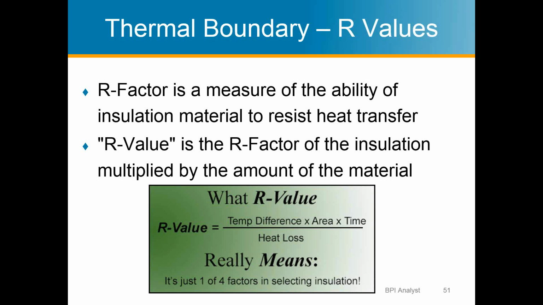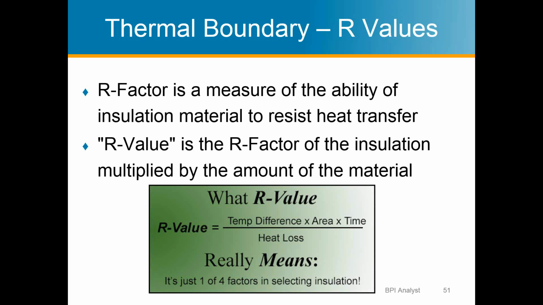So a 2x4 stud, which is 3.5 inches in the direction of heat flow, would have an R value of approximately 3.5, right? So the R value of the stud is 3.5. R factor is 1 per inch. You can calculate it, it's pretty simple if you can just measure it. You can see what the R value of a wall is yourself. It's pretty easy to measure.